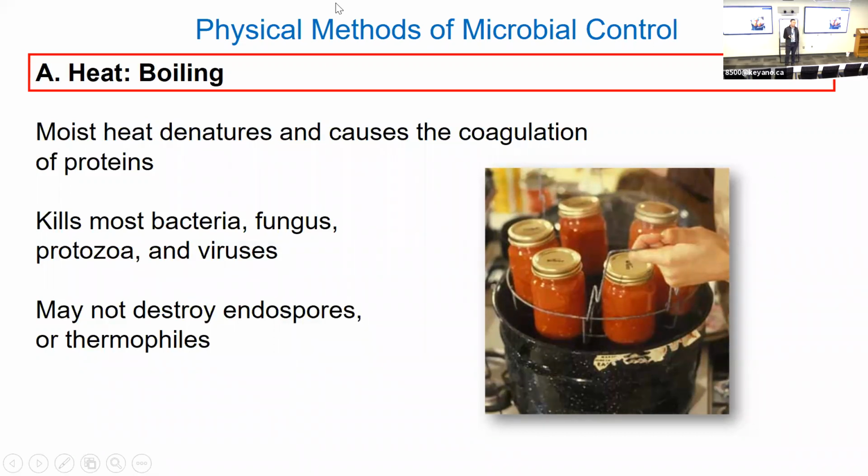It may not kill everything, so boiling is not a gold standard. Boiling is what you do if you're out in the field and it's an emergency. But for medical things, we're going to use something better than boiling, because, as you can see at the bottom, it may not destroy endospores. And that is a big deal.